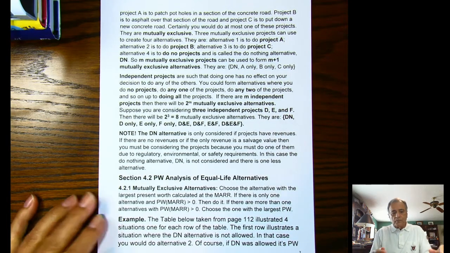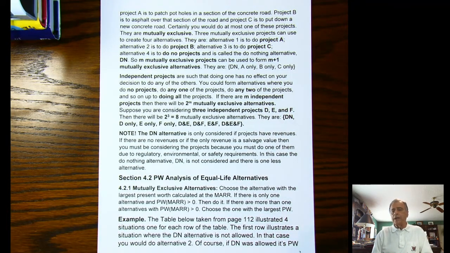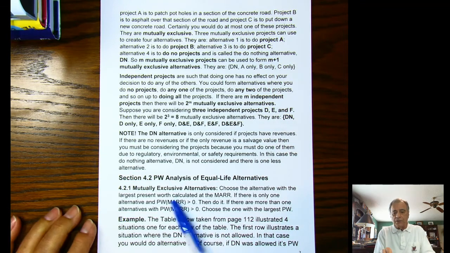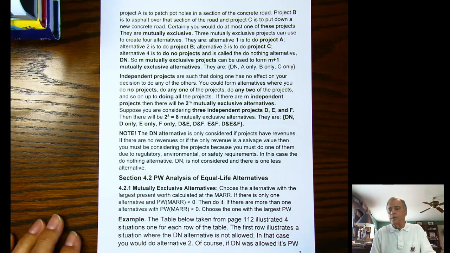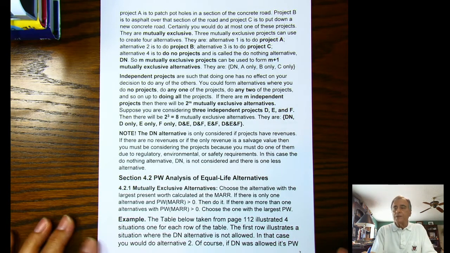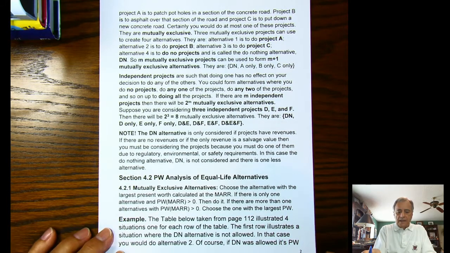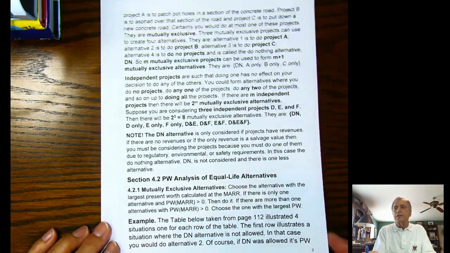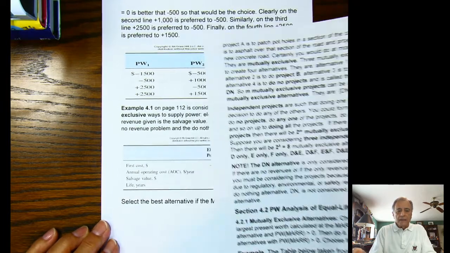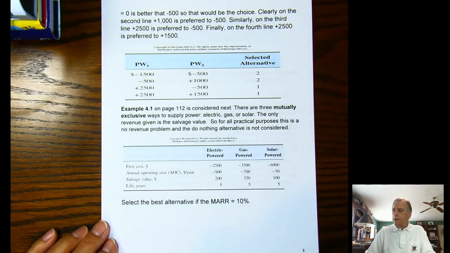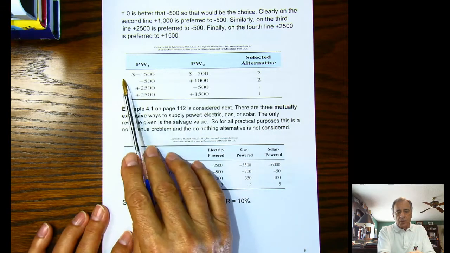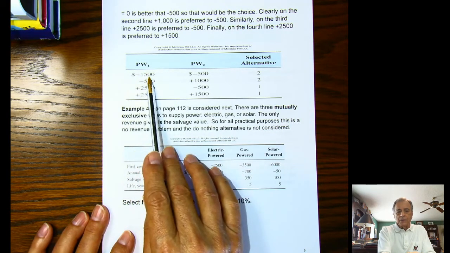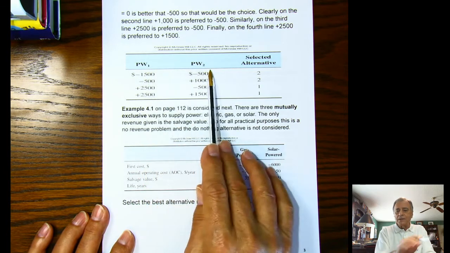So the next section, we're going to look at mutually exclusive alternatives. And the author gives an example. He presents a table on page 112, and in that table, each row represents an alternative. He deals with selecting which alternative of the 2. Okay, so row 1, you can either do project 1 or project 2.